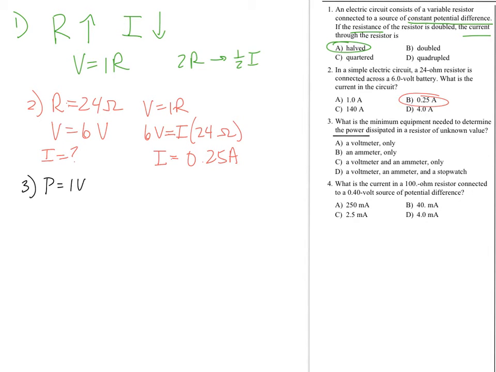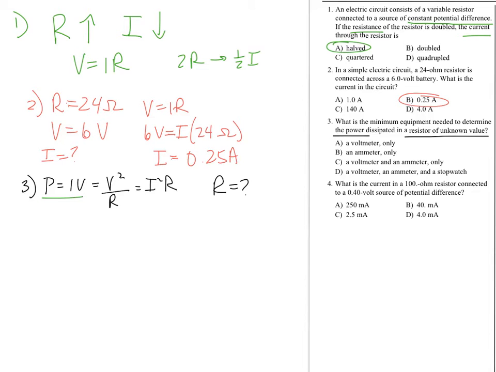P equals IV, V squared over R, or I squared R. They also mention a resistor of unknown value. That means we don't know what R is. But we can use voltmeters and ammeters to get what V and I are. So we could still figure out how to find power without even using resistance.